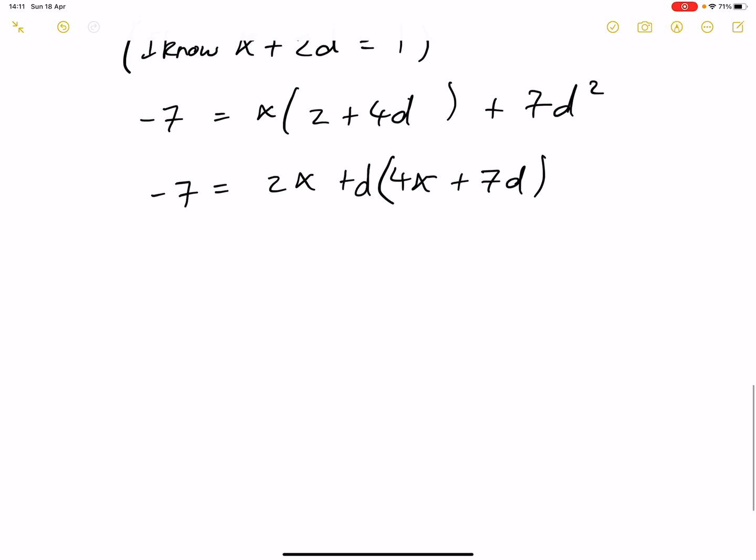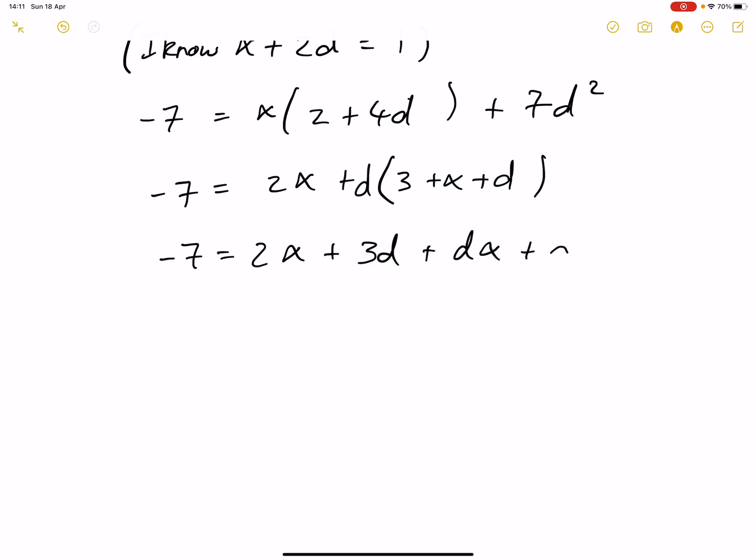And once again, I can take out 3 alpha plus 2d, which I know is just 1, plus alpha plus 3 times 2 is 6, so 7 minus 6 is 1, plus d. And so what I'll be left with is 3 plus alpha plus d. And that will give me minus 7 is equal to 2 alpha plus 3d plus d alpha plus d squared.